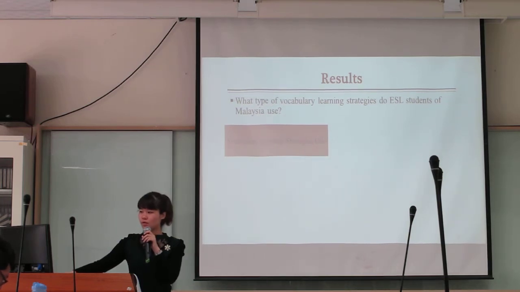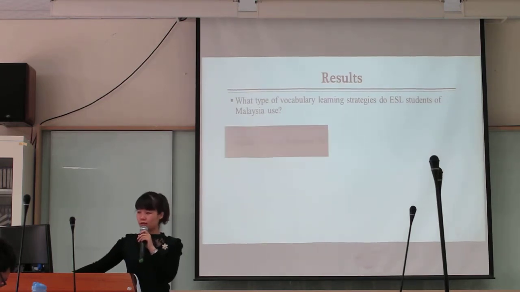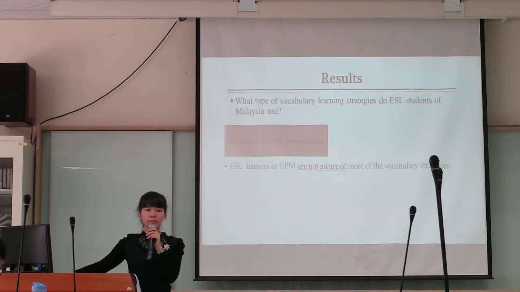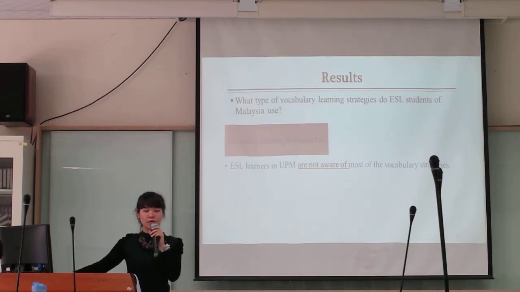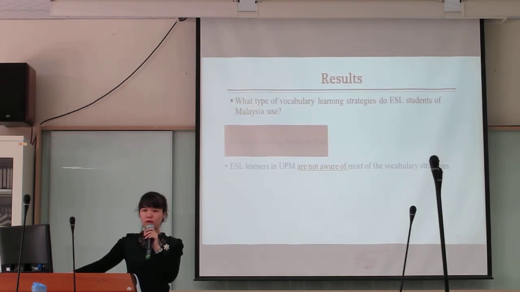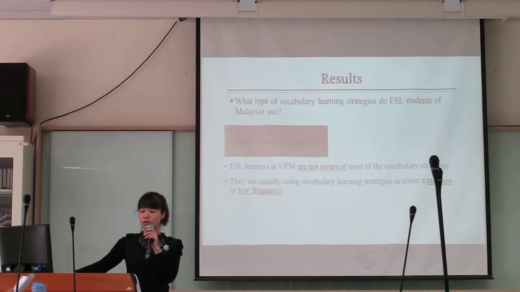Results. What types of vocabulary learning strategies do ESL students of Malaysia use? The first one is vocabulary learning strategies used. ESL learners in UPM, University Putra, Malaysia, are not aware of most of the vocabulary learning strategies, and they use vocabulary strategies at a medium or lower frequency.